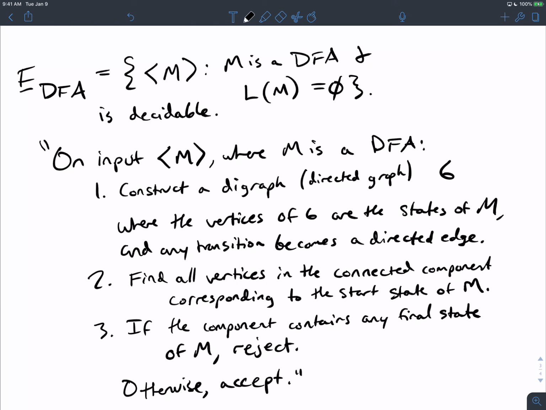There are only a finite number of vertices in the graph, and each time we add 1, so there are only a finite number of steps for step 2. And then step 3 obviously takes finite time too. And so the whole thing takes a finite amount of time. Does that make sense? Any questions on EDFA? So let's take a break and then come back to the other problem I want to talk about.